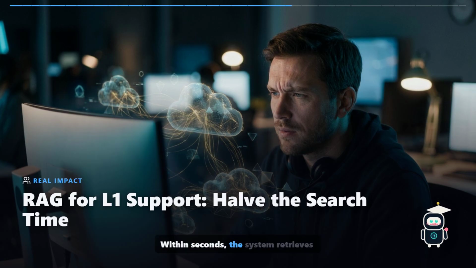Within seconds, the system retrieves similar historical incidents, the most relevant troubleshooting guide, and the documented resolution steps. Many organizations have reported improvements in ticket routing, knowledge reuse, and support efficiency by combining AI with well-maintained documentation. The language model isn't replacing your documentation. It makes your documentation dramatically easier to use.